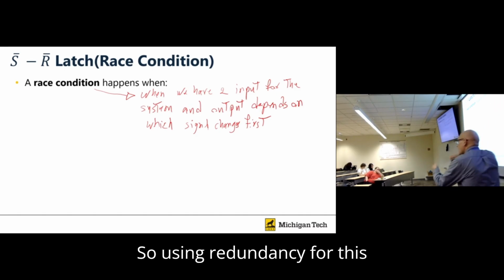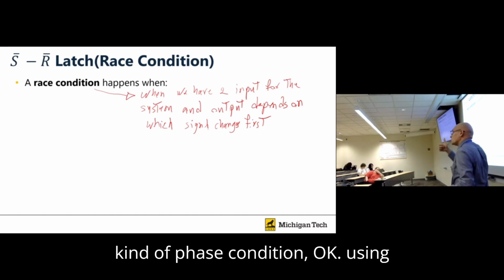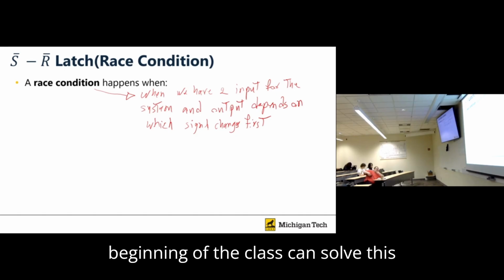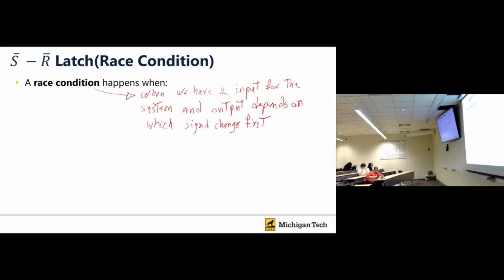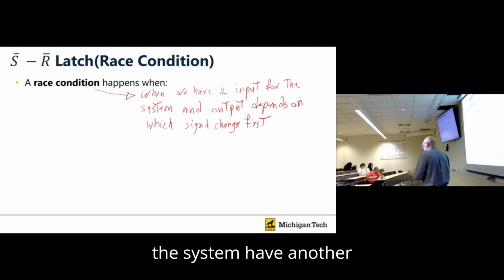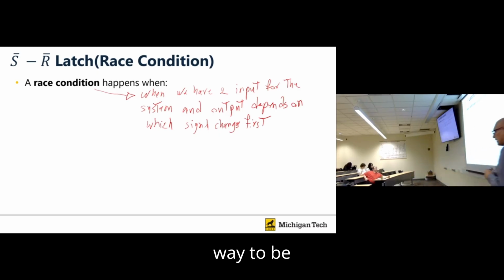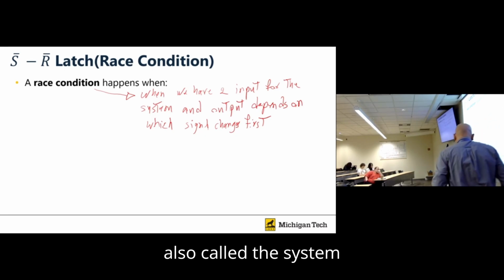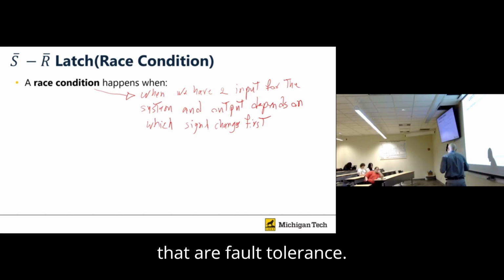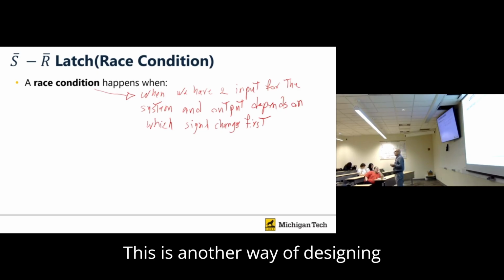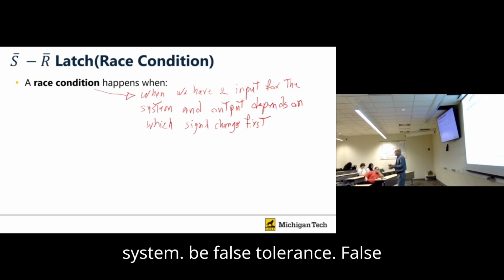So using redundancy, which I explained at the beginning of the class, can solve this problem. Because you are forcing the system to have another way to be correct. Actually, this is also called a system that is fault tolerant. This is another way of designing a system to be fault tolerant.